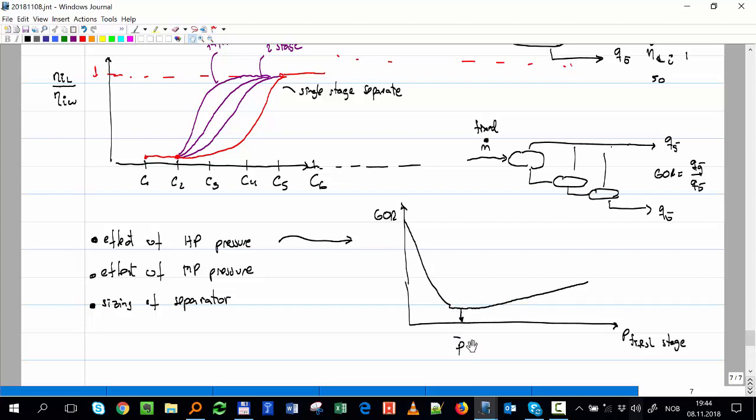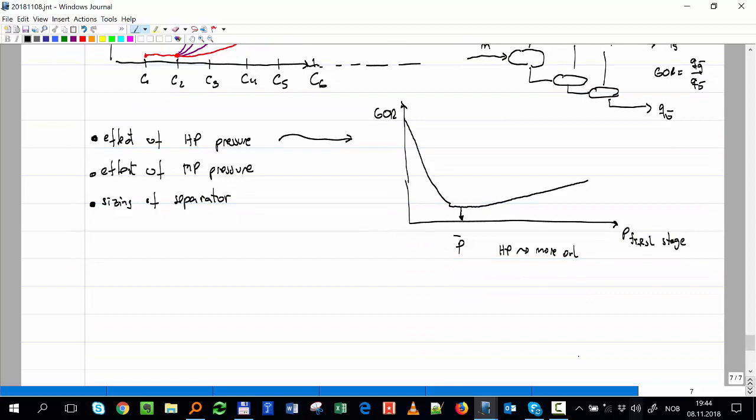Now, what is the problem of using a high pressure for the first stage? High pressure gives you more oil. But what is the problem of using high pressure for the separator? If we make our equilibrium, we have our well that is close to the separator.